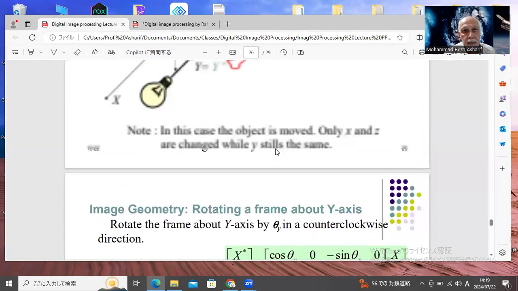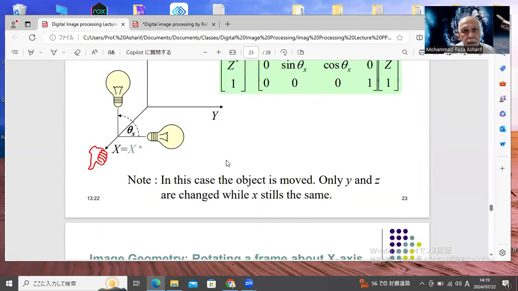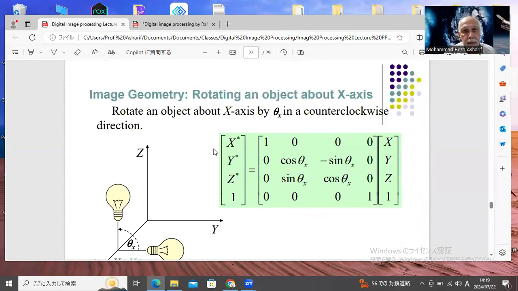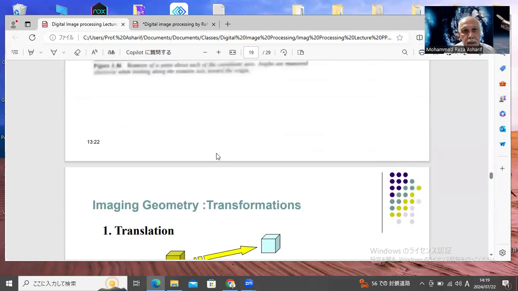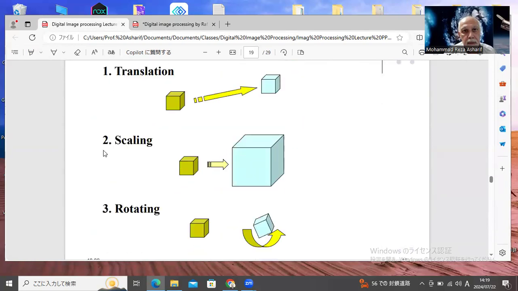So once again, in this lecture, we just talked about translation, scaling, and rotation. We have objects, so you want to translate or move it, or scale it like this, or rotate it like this, for one point or many points in one object.